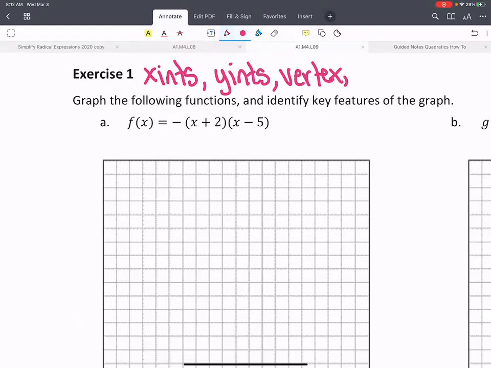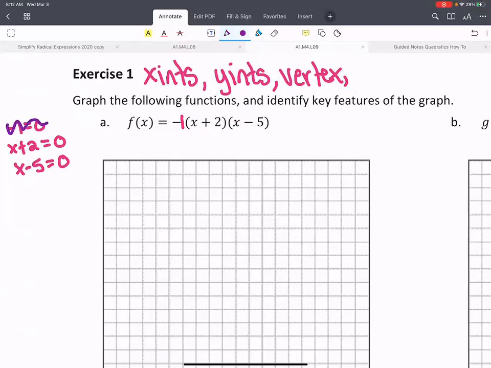Now, that negative in front, guys, if you need to put a 1 right there to understand that means -1, that's fine. So -1 equals 0. X plus 2 equals 0. X minus 5 equals 0. I said each part equal to 0, right? -1 equals 0 is a nonsense answer.